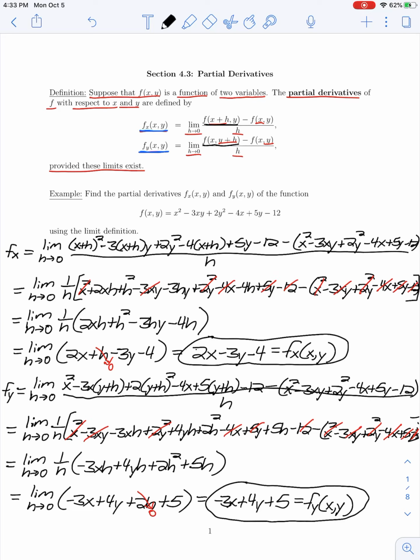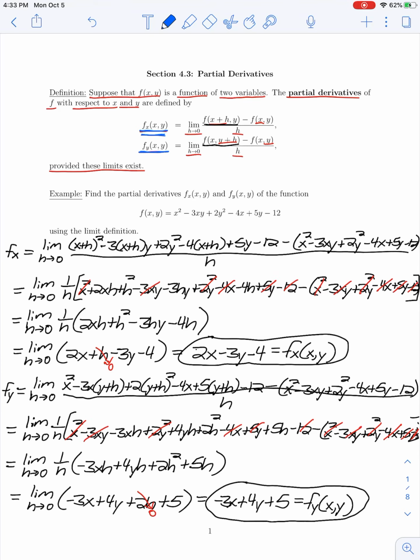So one thing to notice here in our limit definition of the partial derivative is that when we're calculating the partial derivative of f with respect to x, there is no change in the variable y.